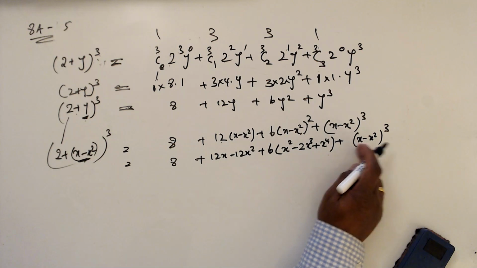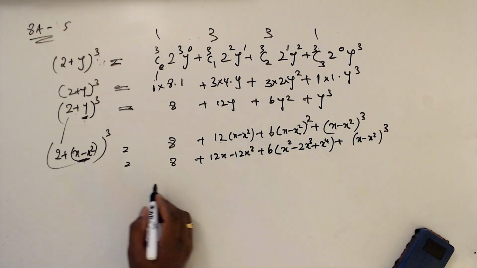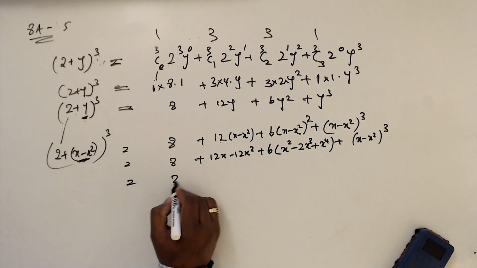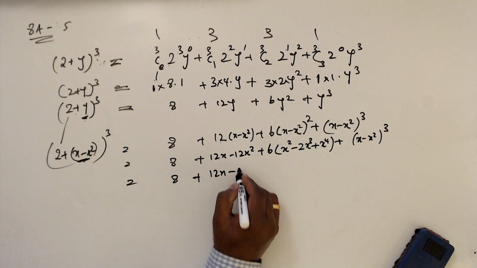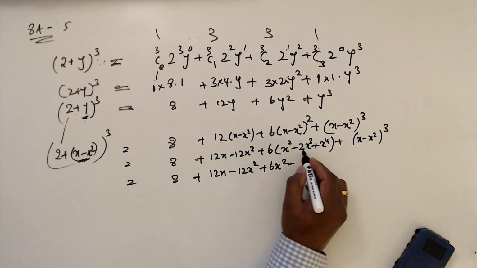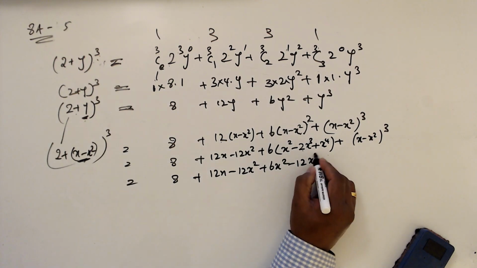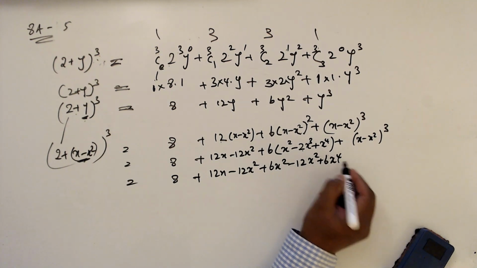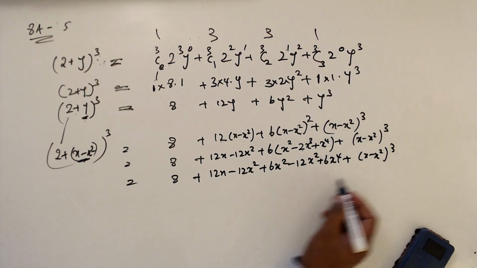Now we have to use Pascal triangle again for this one. 8 plus, I will simplify a little bit: 12x minus 12x squared plus 6x squared minus 12x cubed plus 6x to the power 4, plus (x minus x squared) cubed.